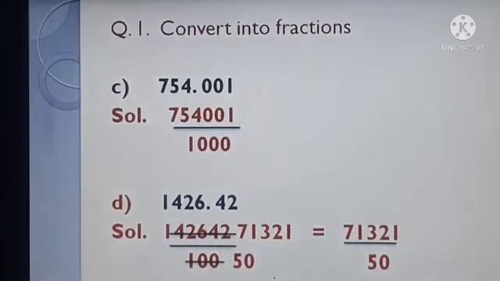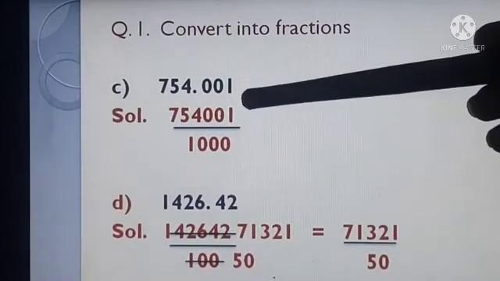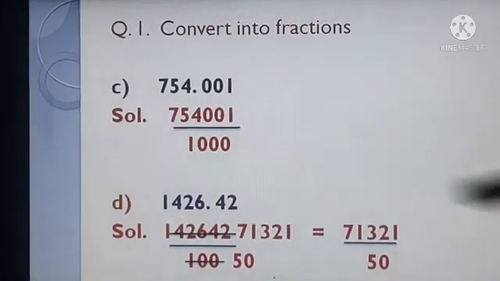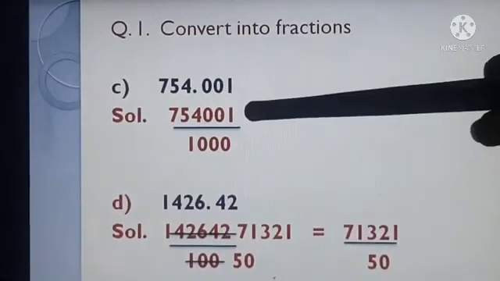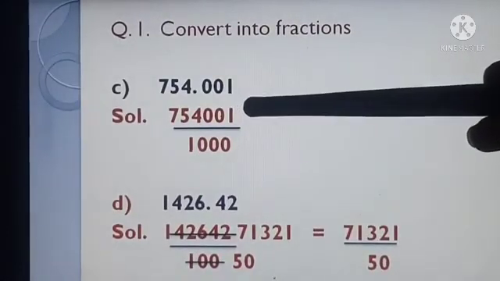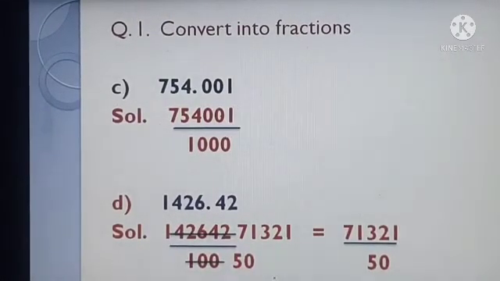How will we read this? 7,54,001 upon 1000. 1000 is divisible by 2, 5 and 10. But this number is not divisible by 2, 5 and 10. So this is our answer only. No cutting, no cancellation is there. So it is our answer.